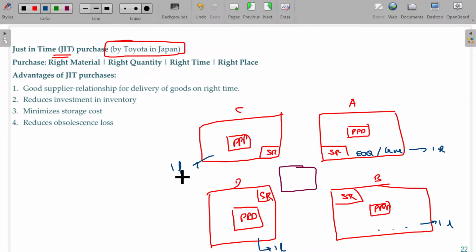Then what happens, supplier now says, forget about administrating the stores department. I will keep a common warehouse for all the four departments, four organizations put together. Score out them. Production planning department can directly send me the requisition slip. I will supply the material here, collect the money from you later.